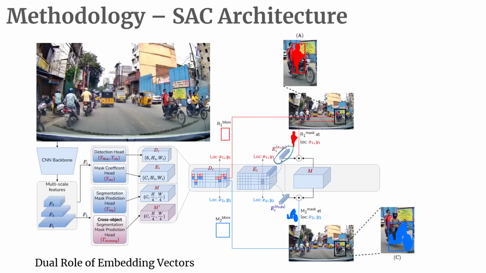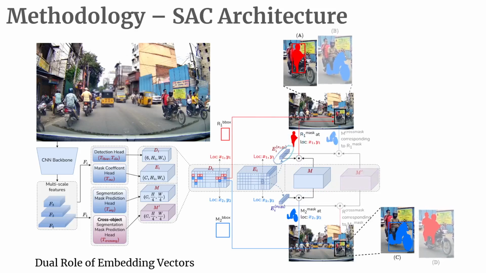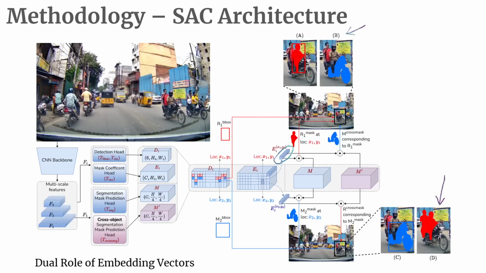The embedding vector serves 2 crucial purposes. When dotted with M, it produces the instance segmentation mask, and when dotted with M prime, it generates a cross-object segmentation mask. This dual role allows each object class to vote for its associated objects in the other class.